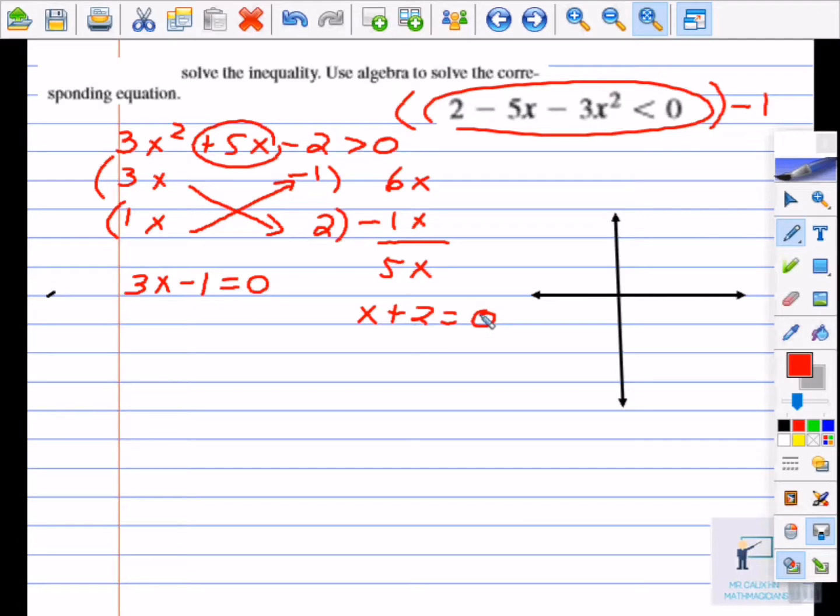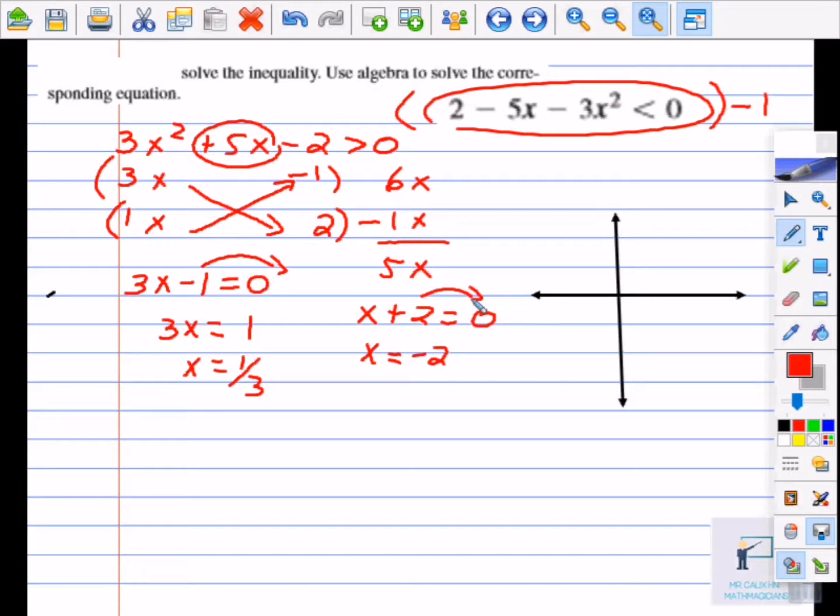You solve for x in both cases. 3x is equal to 1, the 1 moves to the other side as an addition, the 3 moves to the other side as a division. This one is 1/3, and x equals negative 2 because you move it to the other side as a subtraction. Now, you have your values for x.